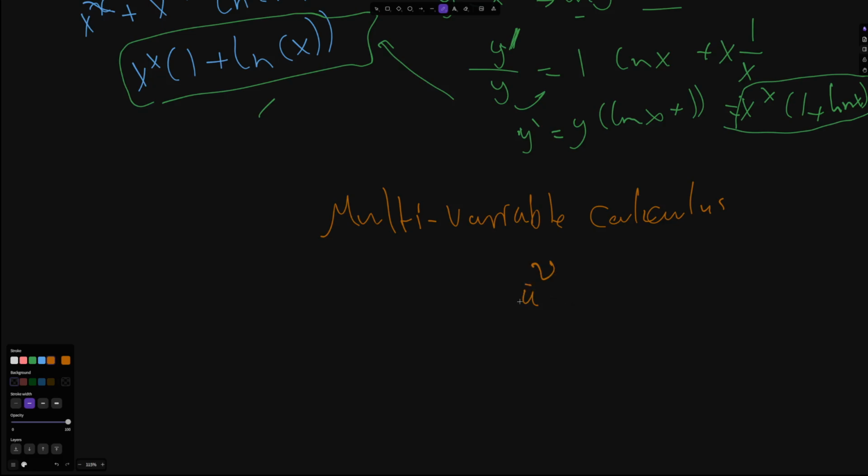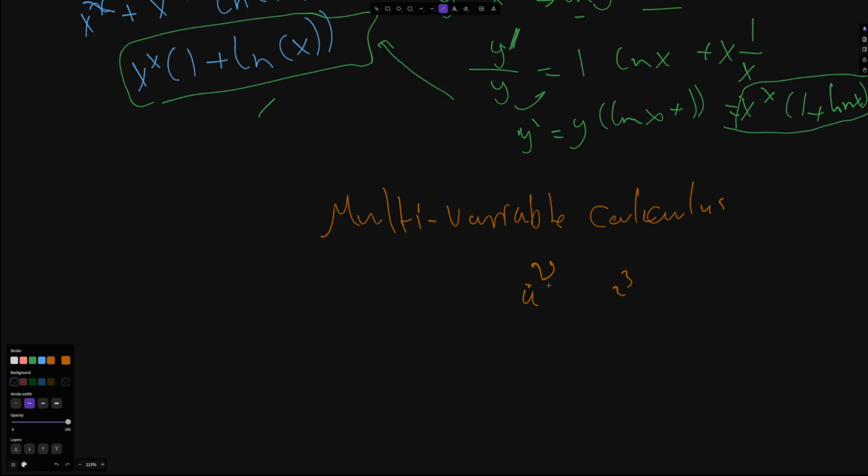So it's u power v, like 2 power 3. These u and v are variables, since they're not constants like 2 power 3, and that's why we use these.